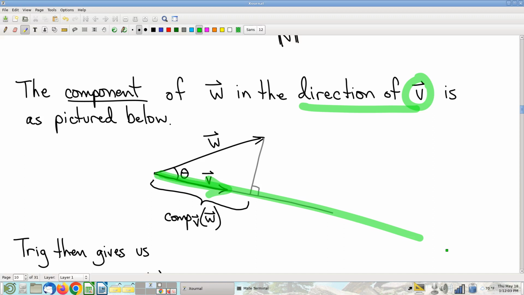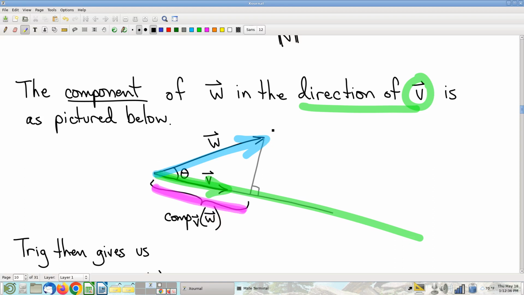Okay, so given a vector, not necessarily in the direction that we care about, what we call the component is this distance here. If the ball was there and then there's a running play and the ball ends up there, the component says how many yards were gained on that run. Does that make sense? Okay.